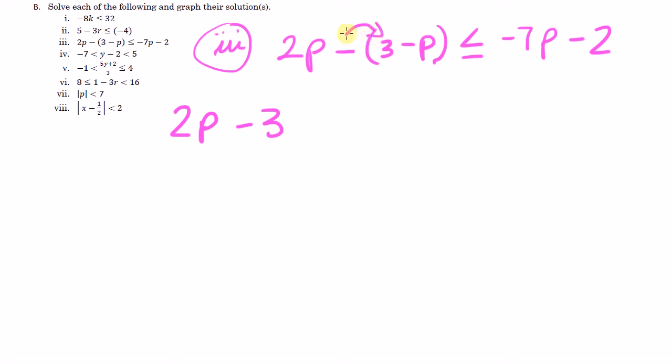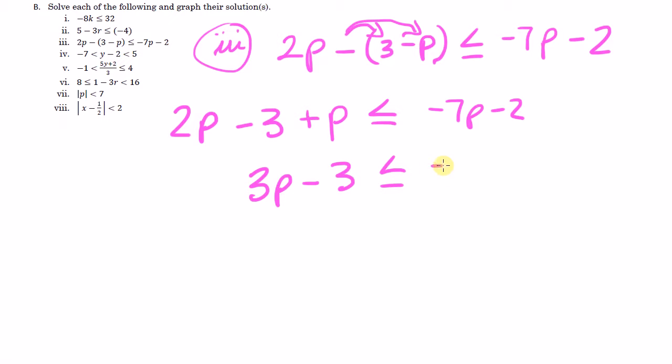I'm just distributing this negative through here. Negative times negative is positive. 1 times p is p. It has to be less than or equal to negative 7p minus 2. And then I'm going to combine like terms. I have a positive p and a positive 2p, so we've got 3p minus 3 less than or equal to negative 7p minus 2.